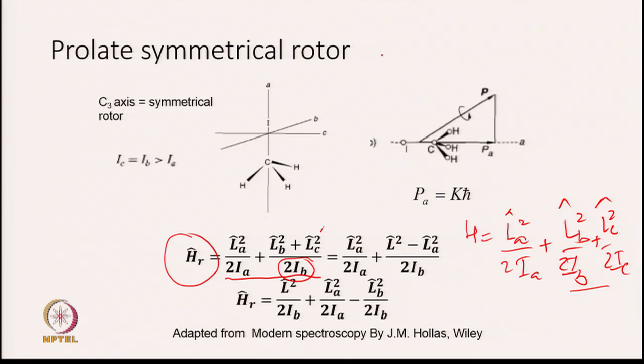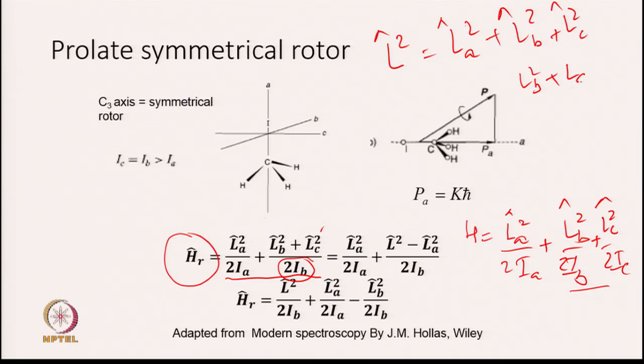And now we also know that the L square operator is equal to the LA square operator plus the LB square operator plus the LC square operator, and so the LB square operator plus the LC square operator will be equal to the L square operator minus the LA square operator.